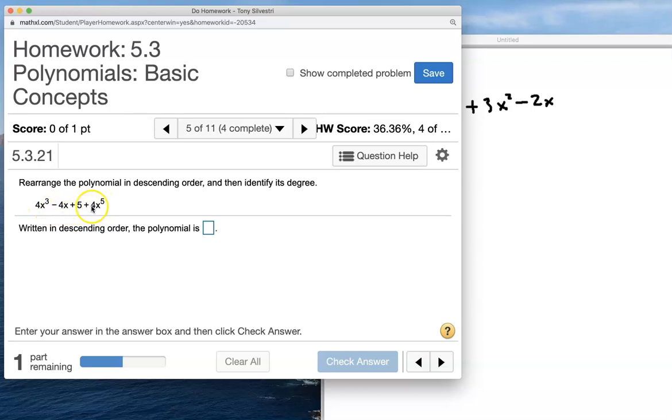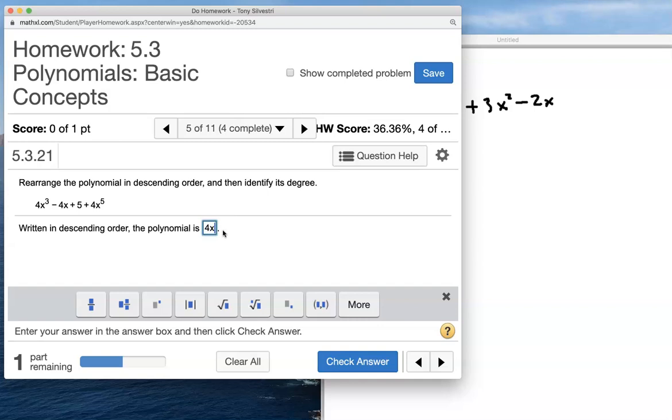So I see the highest exponent being this guy, 4x to the 5th power. That's got to go first.